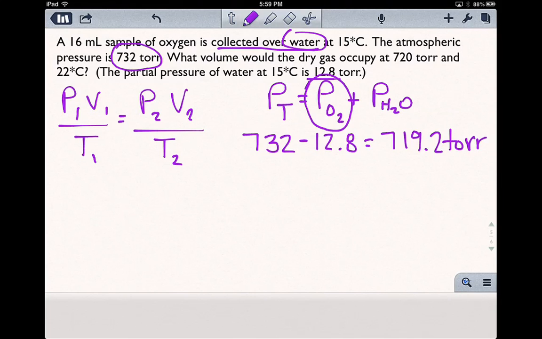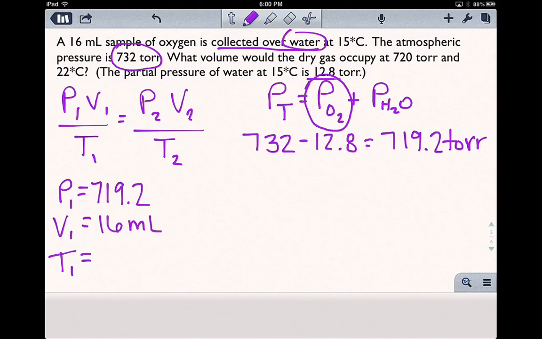Alright, so now that we know that piece of information, let's label our variables. My starting pressure of my oxygen gas is that 719.2. The volume of my sample is 16 milliliters, and this all happens at a temperature of 15 degrees Celsius, but let's change that to Kelvin, so add 273, so we get 288.